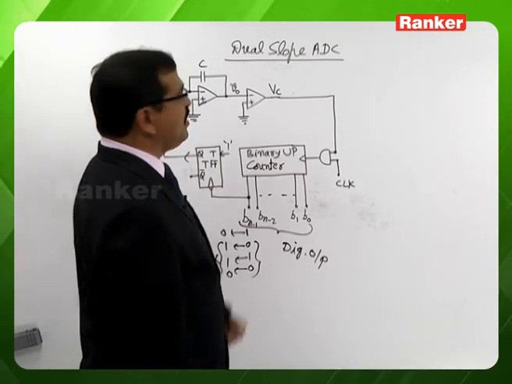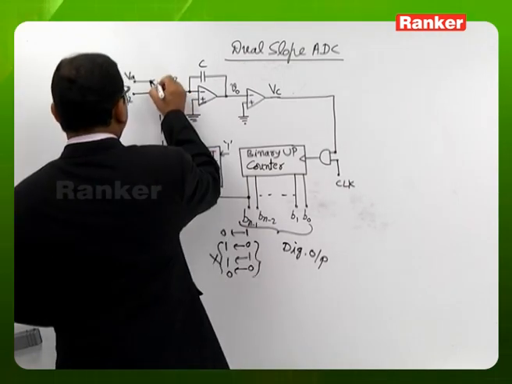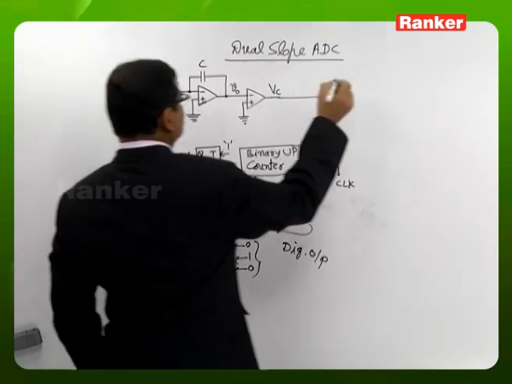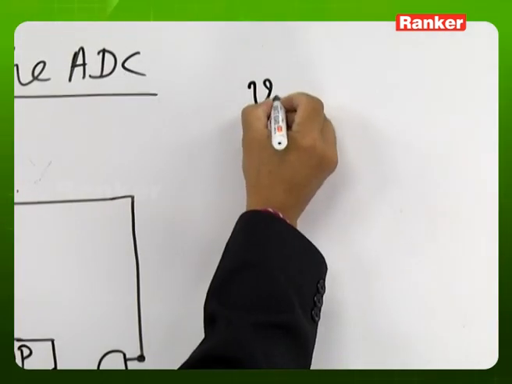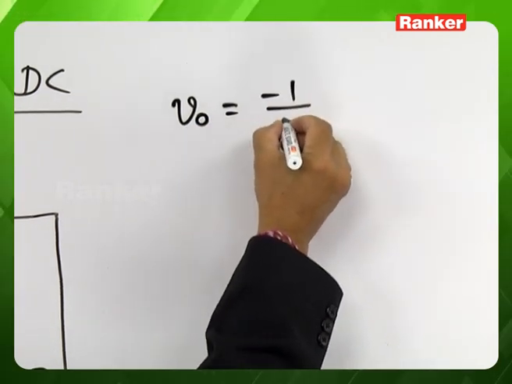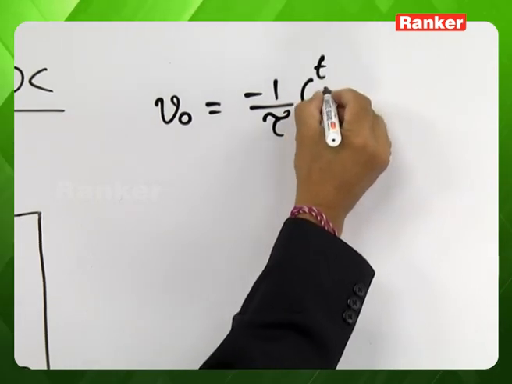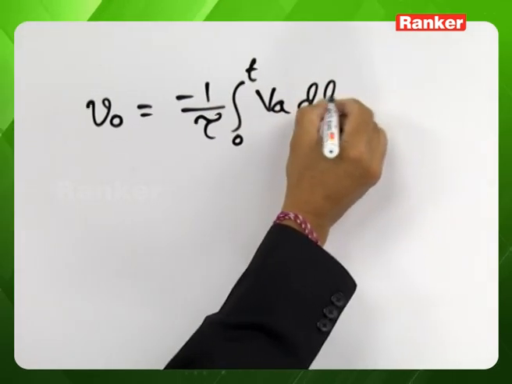So whenever VA is the input to this integrator circuit, the integrator circuit output VO will be minus of 1 by tau integration 0 to t VA dt.